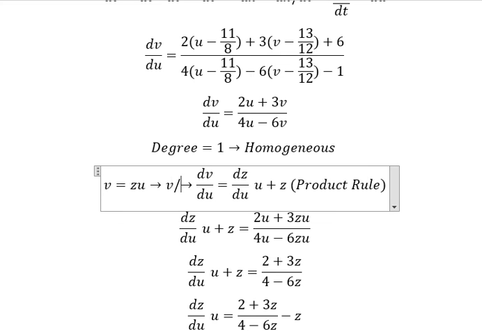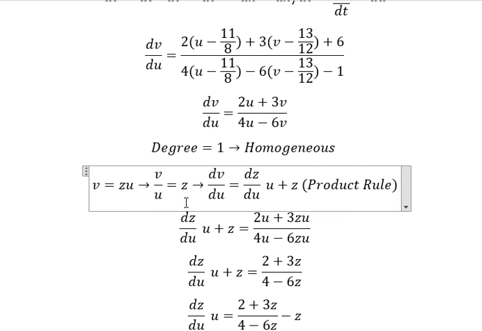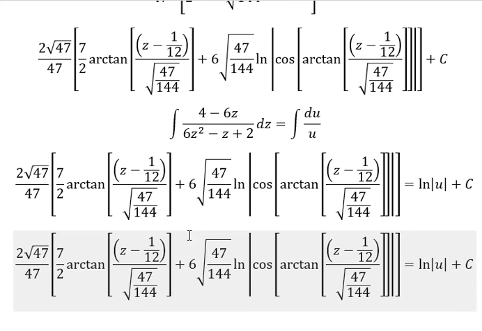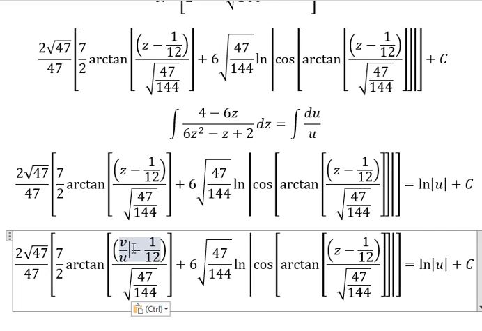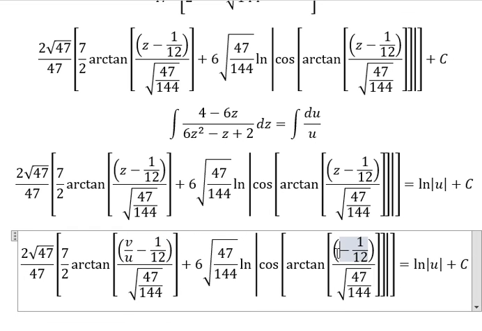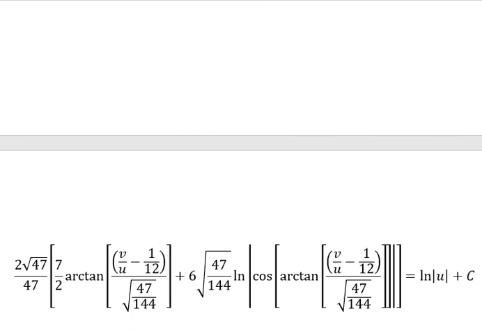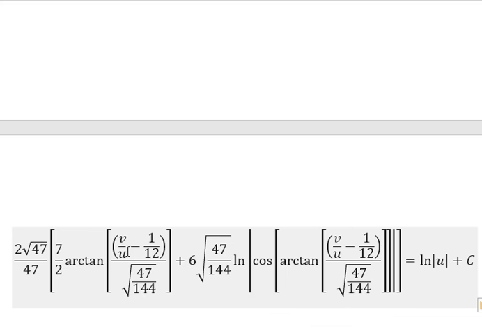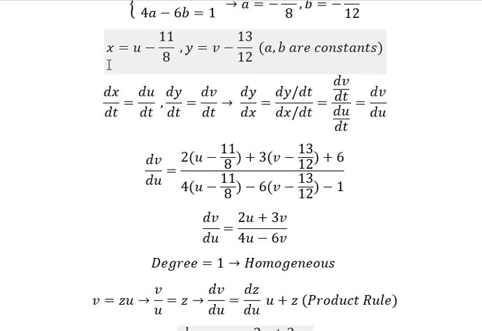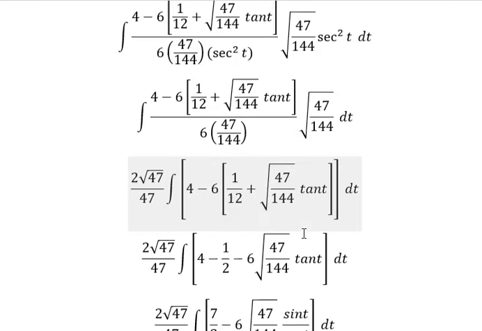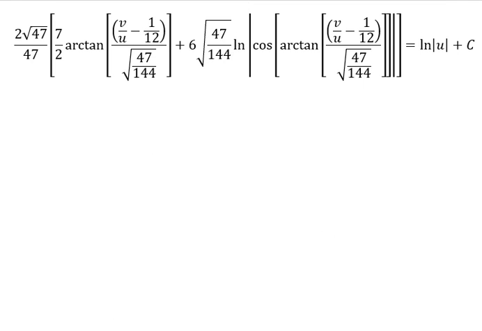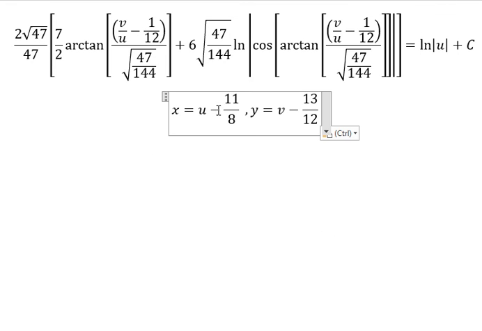So we divide both sides by u, and now we need to change z into this one, about v and u. So we have this one in here. So I will put this one and this one go to the left.